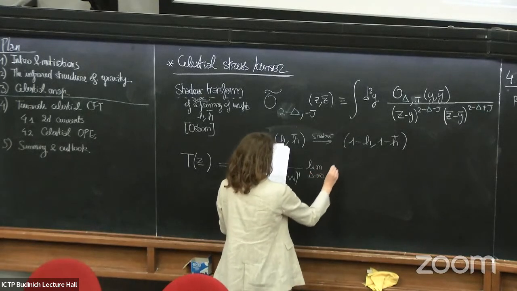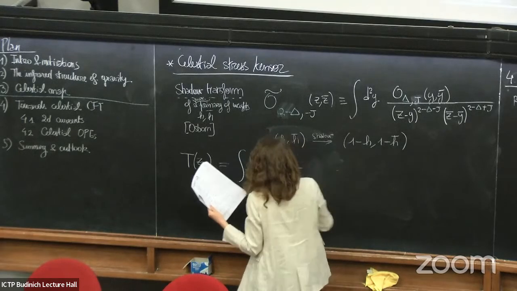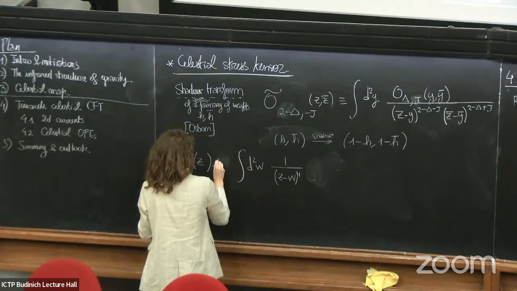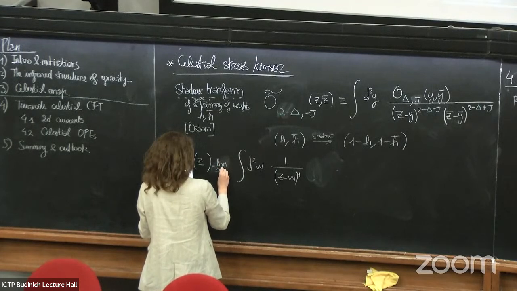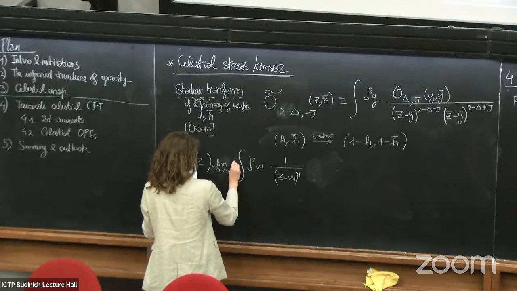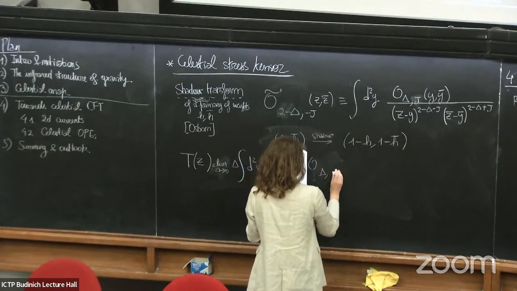Again, there is this Δ here. I write it up front so that it is the limit when Δ goes to 0 of Δ times this expression.